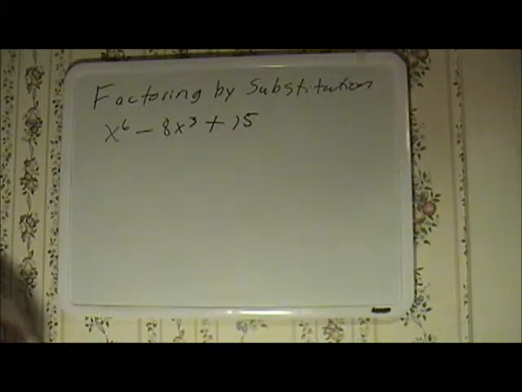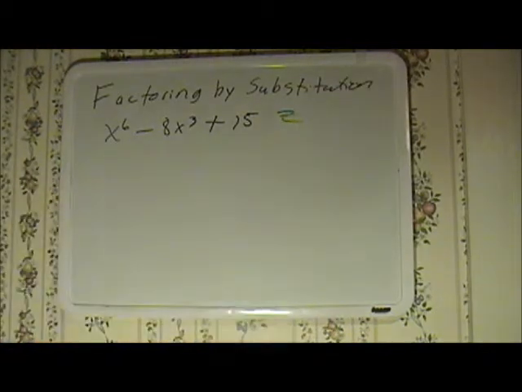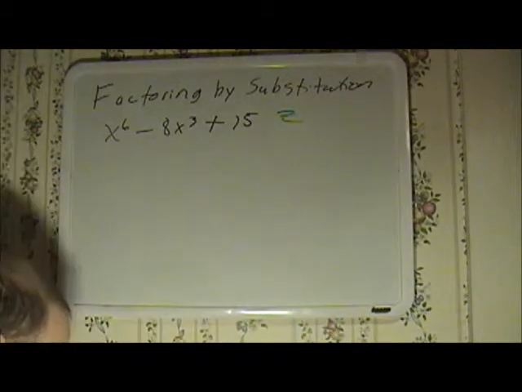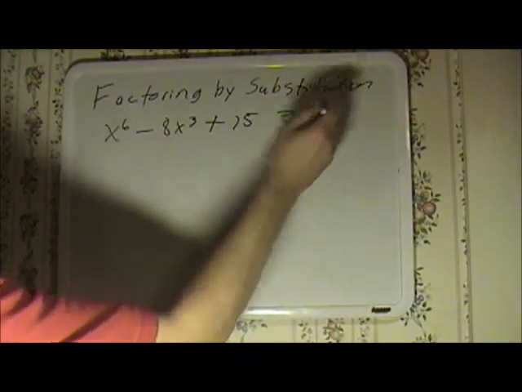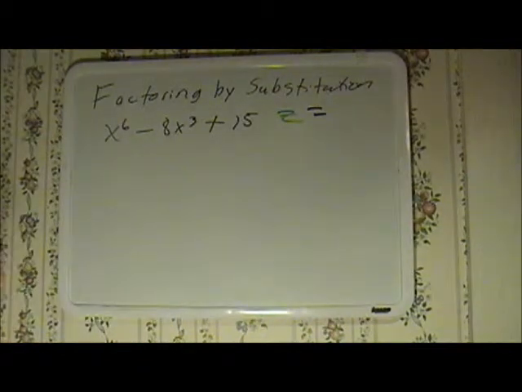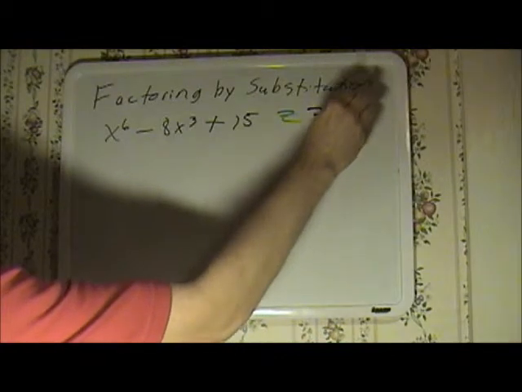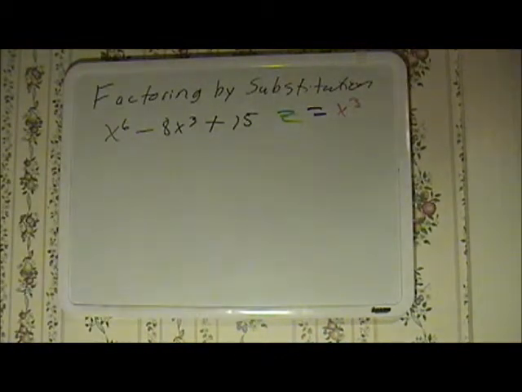You can choose pretty much any letter, but i is one of the big ones that already has a meaning. So we're going to choose z, and we're going to say that z equals x cubed.